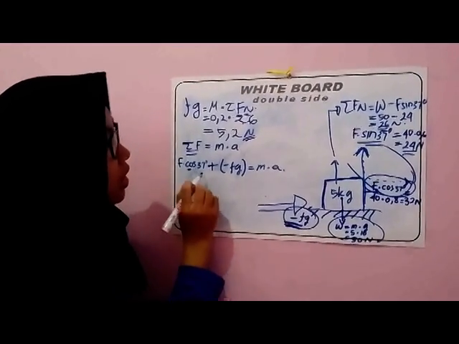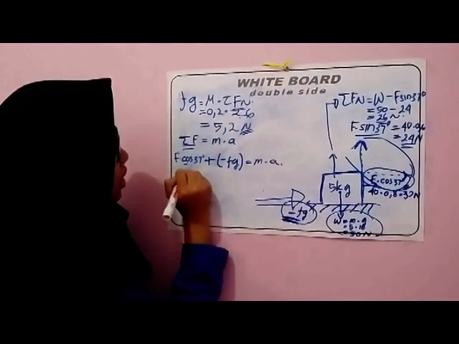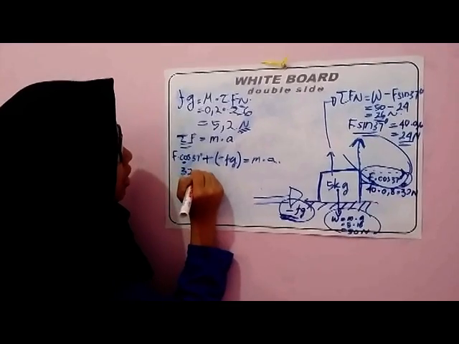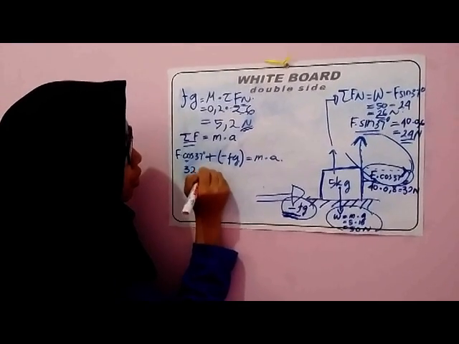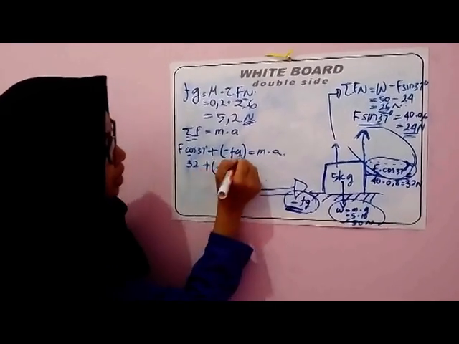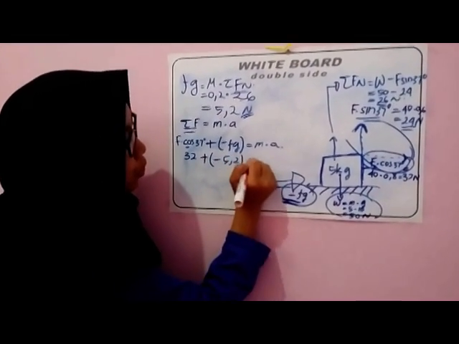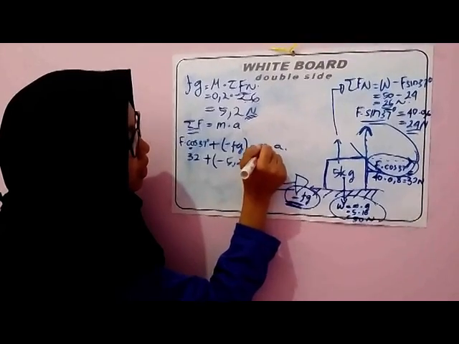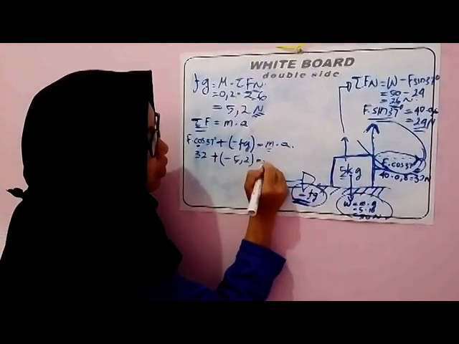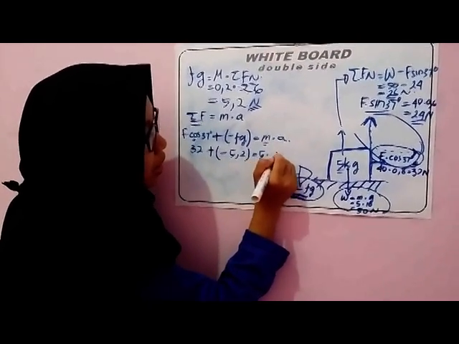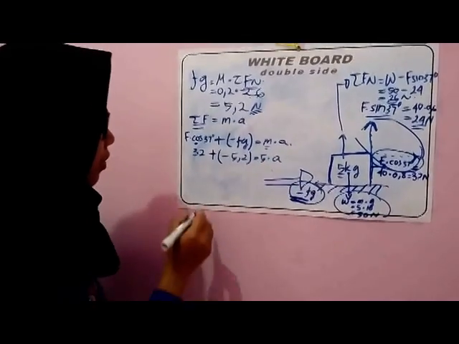F cos 37 degrees is 32 newtons plus minus friction 5.2 is equal to mass, the mass is 5, times acceleration.